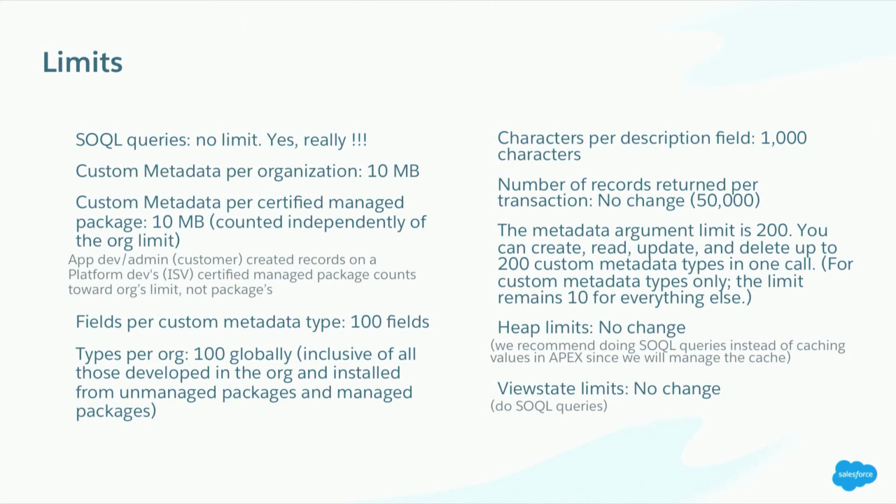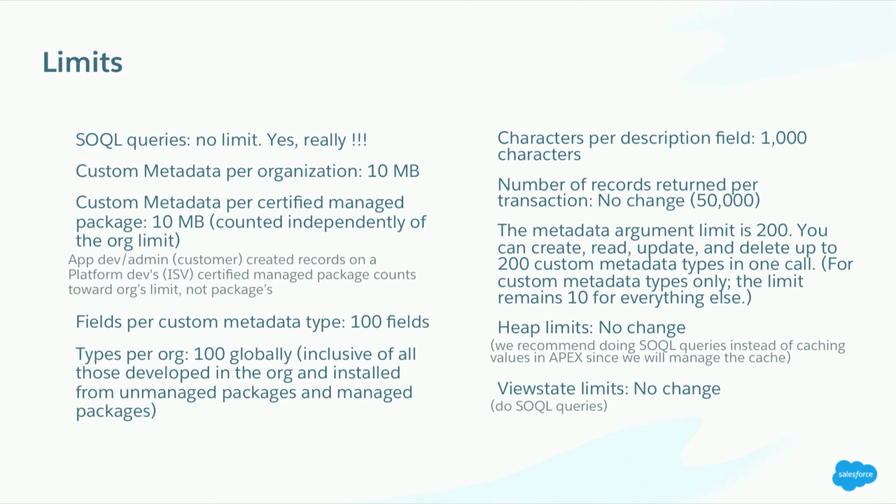Does this custom metadata come under object limits? Yes. I'm not prepared, and actually, I should update the slide. But you can have up to 100 custom metadata types per org. And there's a limit on how much data.